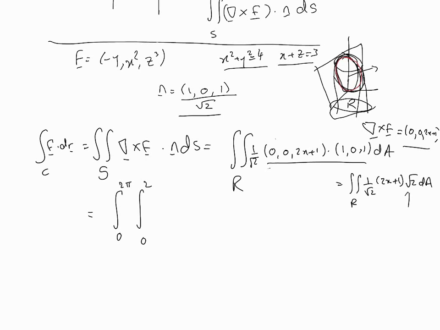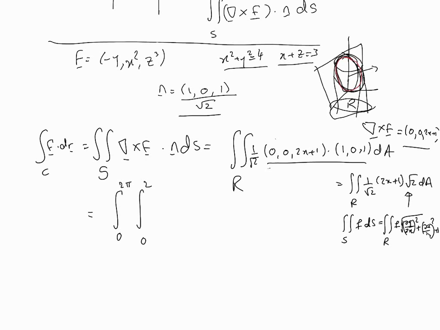If you're unsure of where I got this root 2 from, basically, recall that the surface integral of f dS is over region R or D, f, and then you have the square root of z_x squared plus z_y squared plus 1.